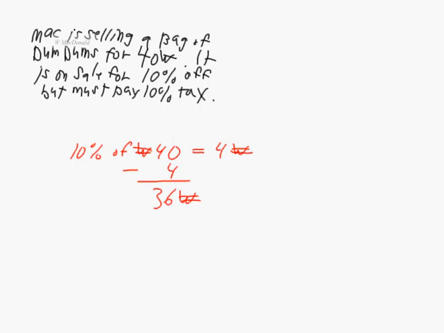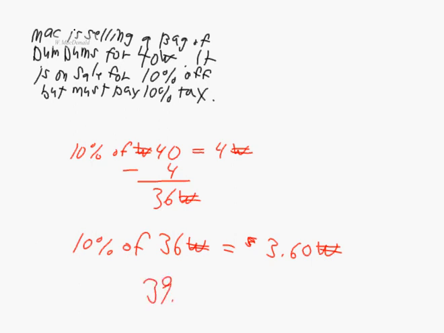So then we take 10% tax. So what is 10% of $36? That is going to be $3.60 Wilmot dollars. That is the tax you have to pay. So add that on to $36 and you get $39.60 Wilmot dollars is the final price for the bag of Dum-Dums, not 40.